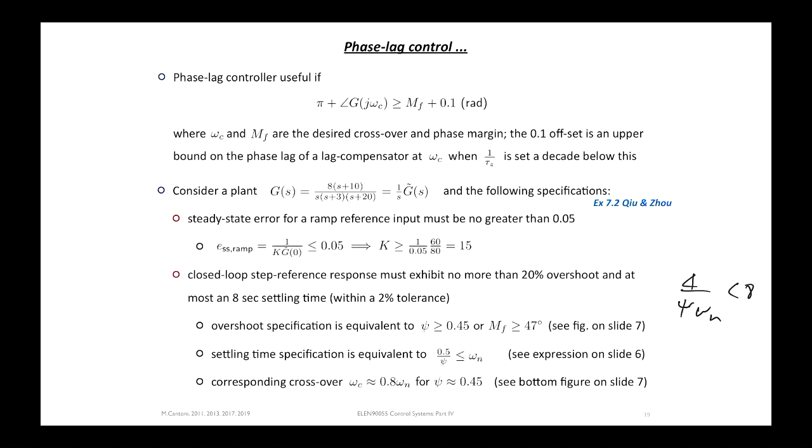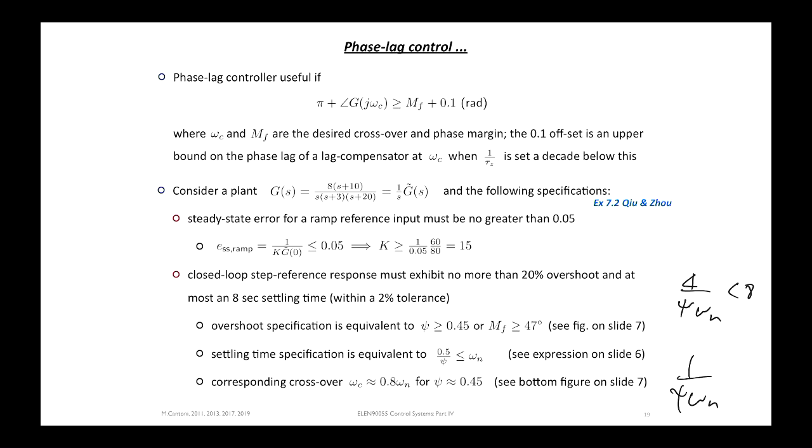We've seen how to relate damping to phase margin, and crossover frequency to the natural frequency, by virtue of the time constant of canonical second order dynamics being related to 1 over the damping times the natural frequency.